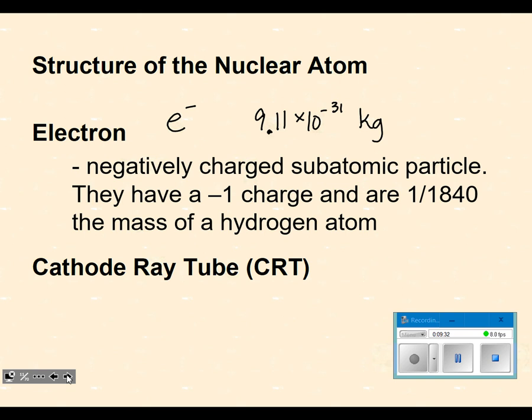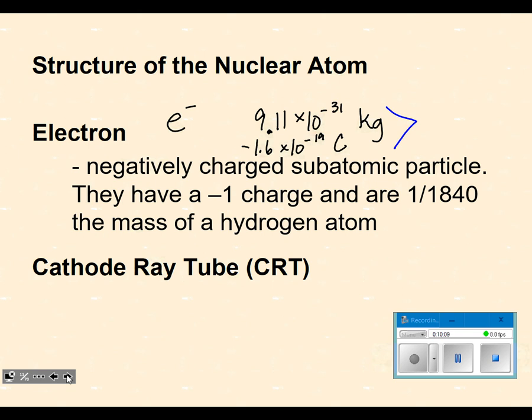And its charge is actually -1.6 times 10 to the -19th coulombs. These 2 actual pieces, the mass and the charge, were developed by Robert Millikan, which is another scientist on another slide here in a little bit, but I'll come back to it.